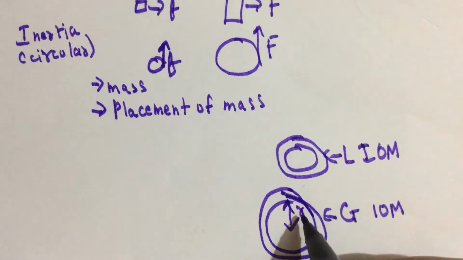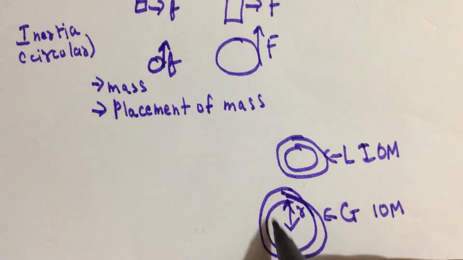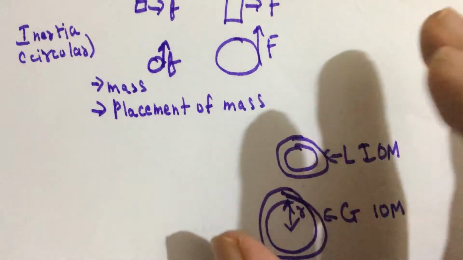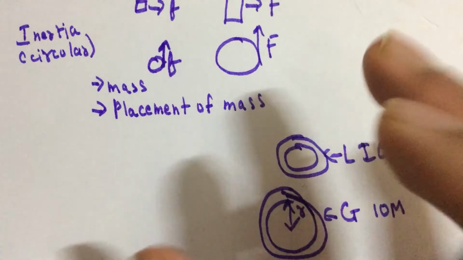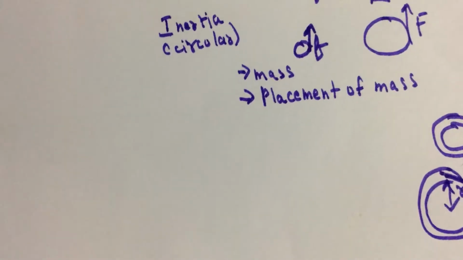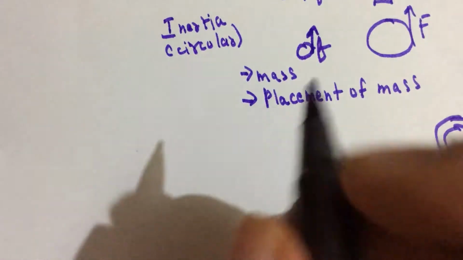So it requires more torque for it to move. That is the general explanation of why, if the disc is bigger, there's a greater inertia of movement. Okay, now we've got what the inertia of movement is, right?